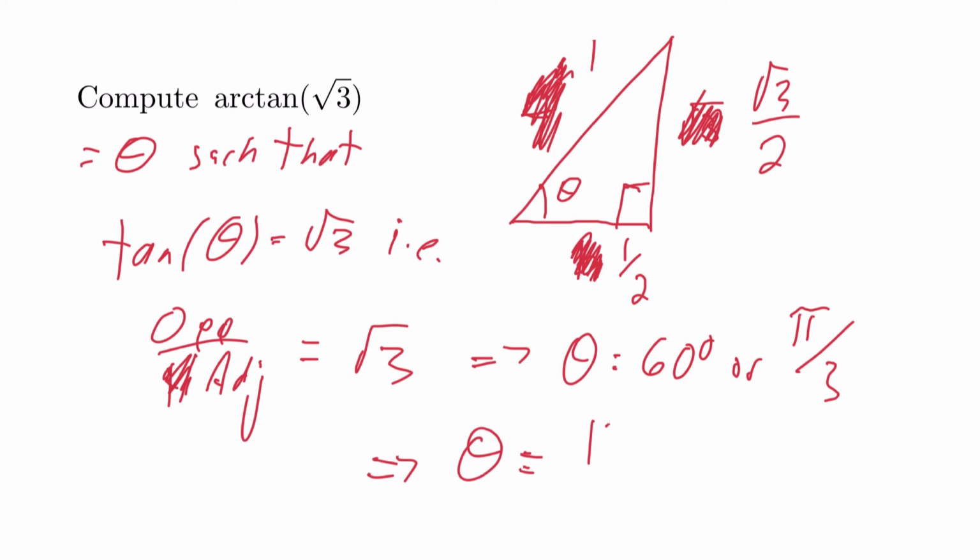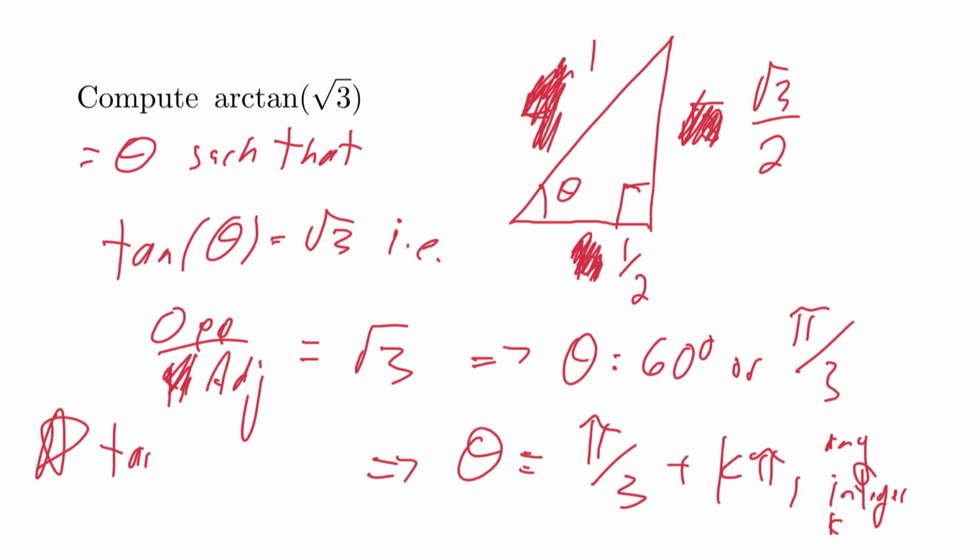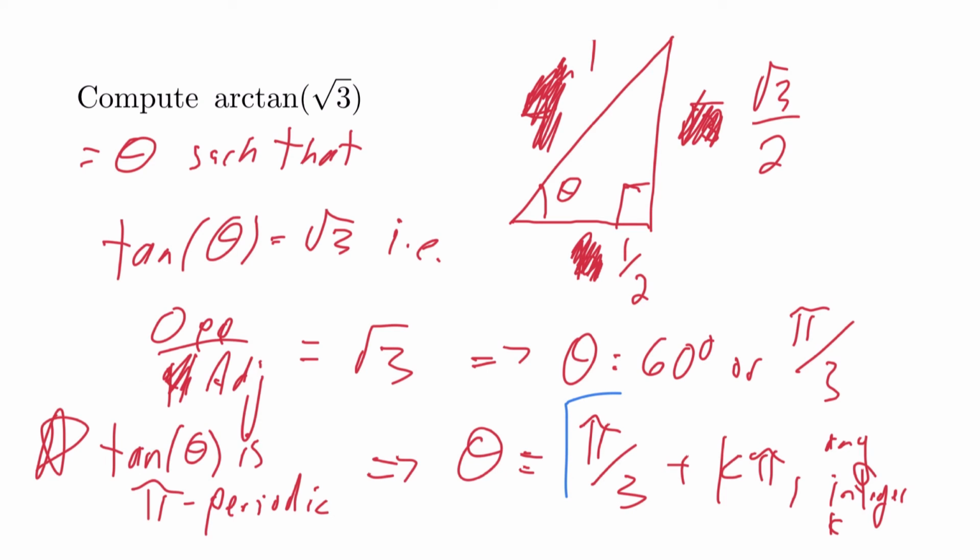So why is it pi and not 2 pi? It's because tangent is pi periodic. So it repeats more. So in some sense, I want to say that this is the correct answer, that there's just one output, and then all of the other ones are the same up to adding this concept of pi k. But I need to discuss how to restrict the domain and range of inverse trig functions in order to make this notion precise and make them honest to goodness functions.